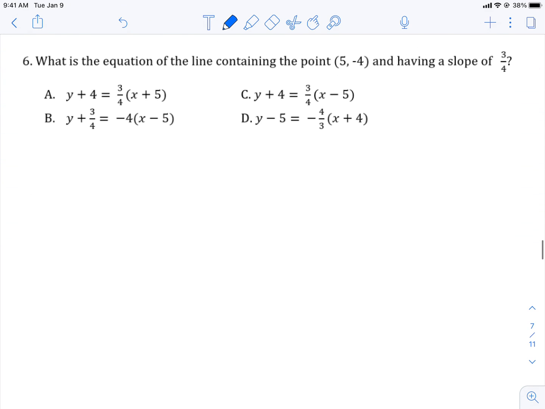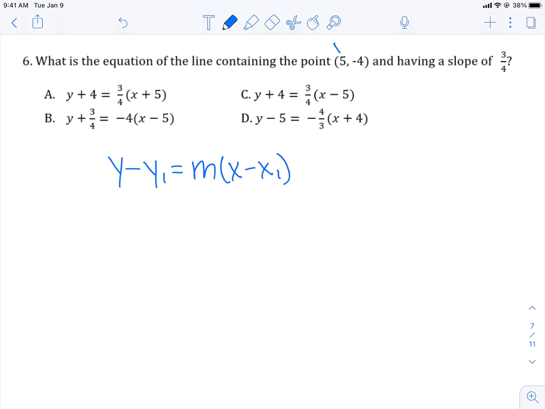Looking at the next one. What is the equation of the line containing the point (5, -4) and having a slope of 3/4? Well, it looks like it wants it in point slope form. So we have y minus y sub 1 equal to m times x minus x sub 1.